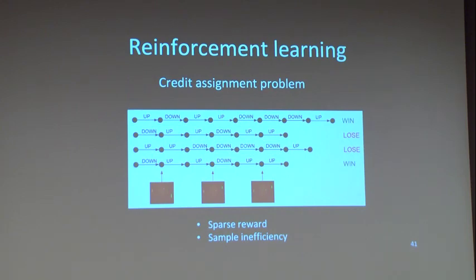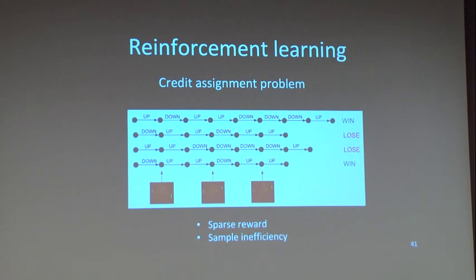The problem here is the following. You have a winning sequence, and you have a losing sequence. Let's say all these are good, but only this one, the up, is bad. It just missed that. Instead of moving down, it moved up, and you lose.